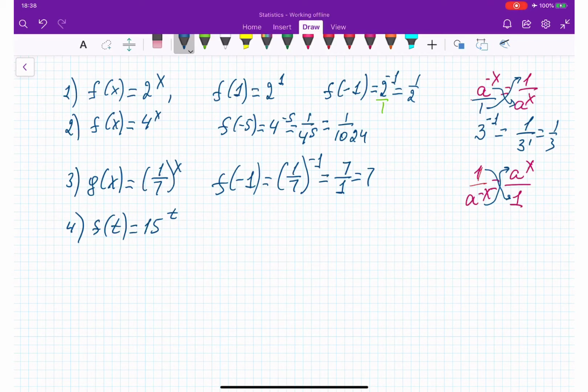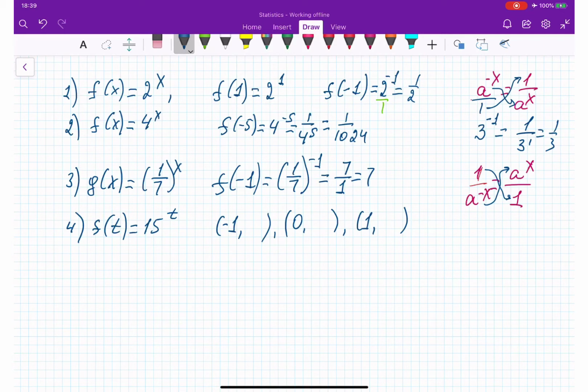Okay, let me see what we need to do. This 15 to the power t passes through points with x equal to negative 1, 0, and 1, and we need to find which y value will match each.